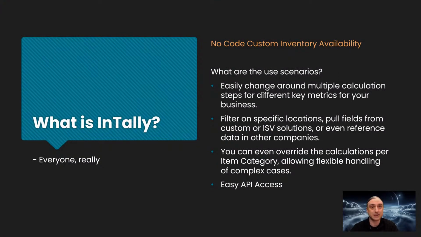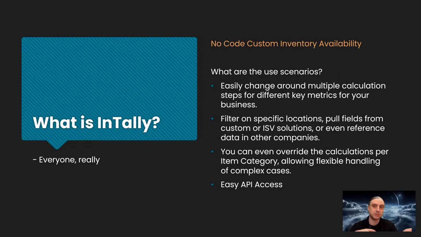But what is InTally? A legitimate question that everyone asks if they hear about it at all. It's a little app that helps make custom inventory availability calculations in Business Central. The idea is that when you're entering a sales order or looking at an item card, your business or your customer's business has lots of different things that need to be taken into account in understanding what's available or not available.